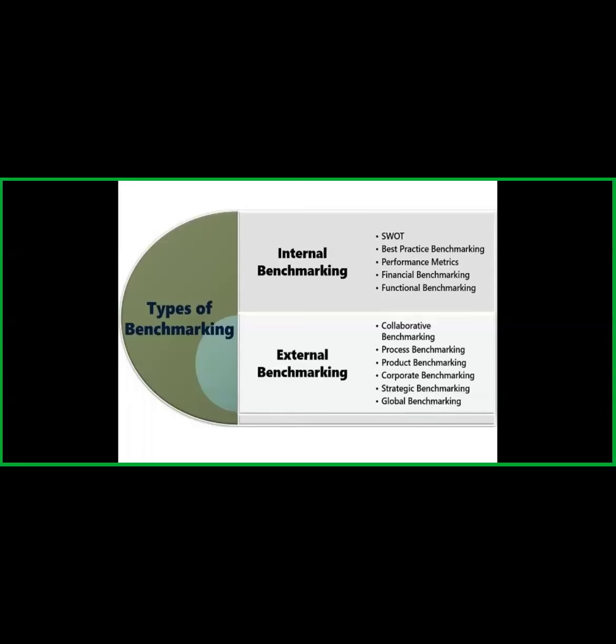Then it is checked, if we change the process, what could be the result? Whether we will be able to achieve better results against the benchmark set for the previous three years.